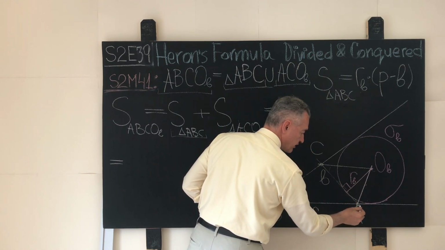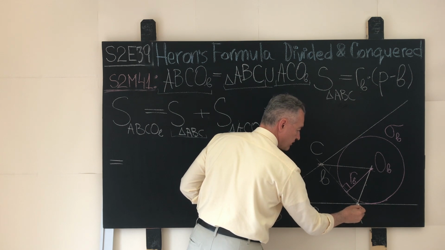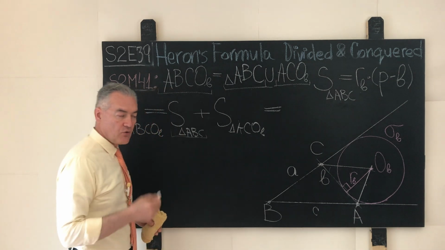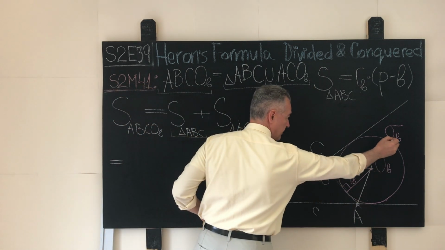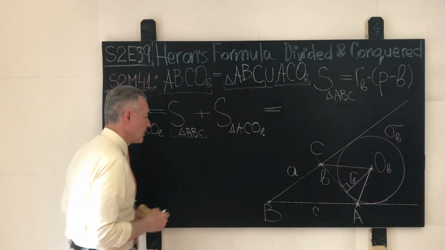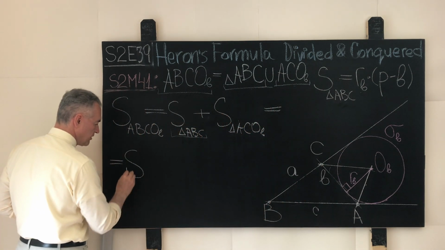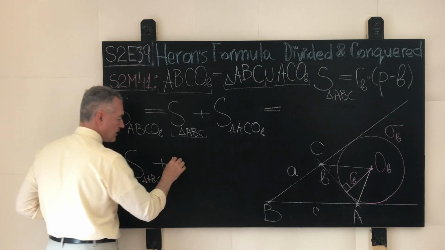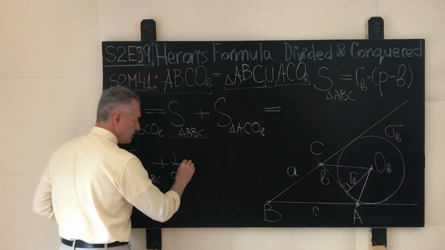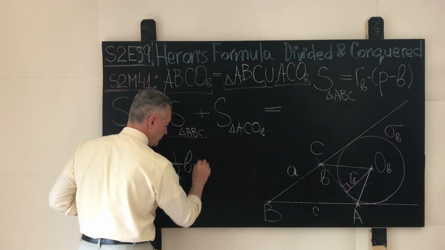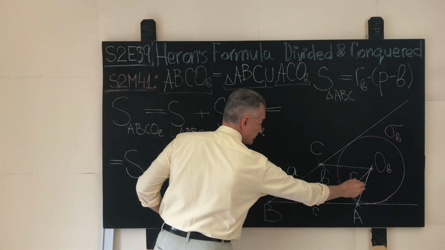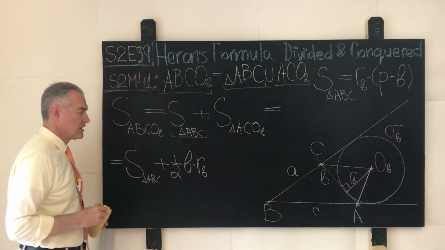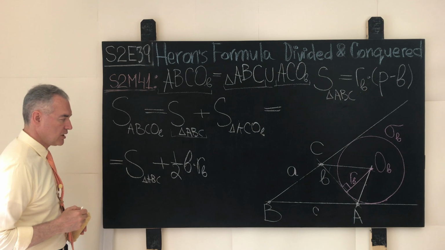The height of the triangle ACOB is precisely the length of the radius of the excircle sigma B, as we constructed it in the previous steps. So we write: the area of the triangle ABC plus half the product of the length of the side B and the radius RB of the excircle. This is our first observation.